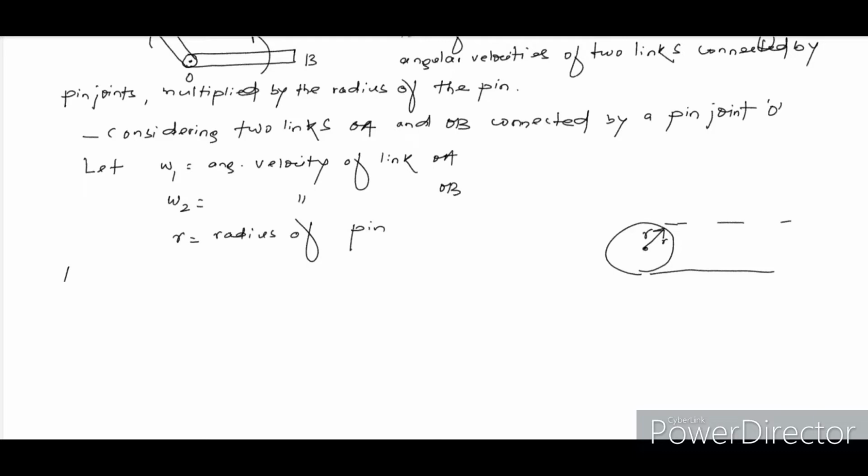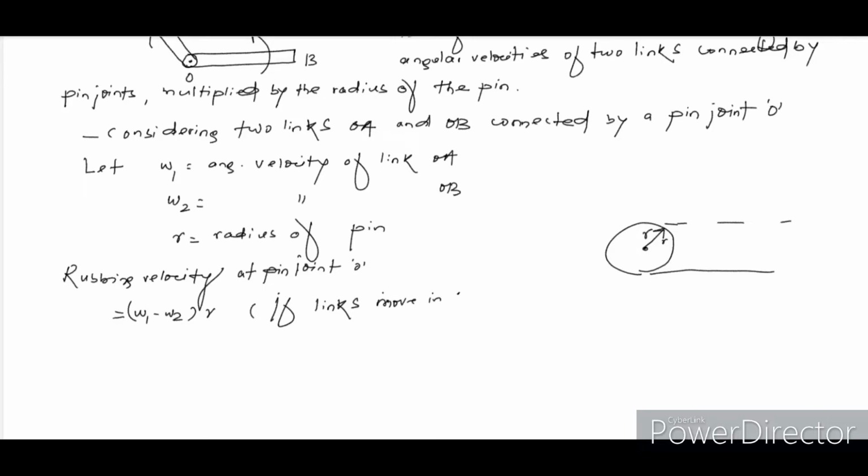Now what will be the rubbing velocity? So rubbing velocity at pin joint O is (omega 1 minus omega 2) into R if links move in the same direction.